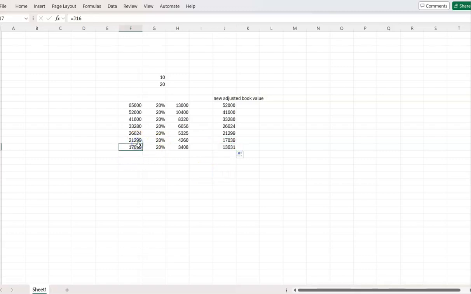Do you understand what I'm doing here, guys? The bottom line is I cannot let myself get below the adjusted book value of 3,000. I want to show this to you so you understand what I'm doing.